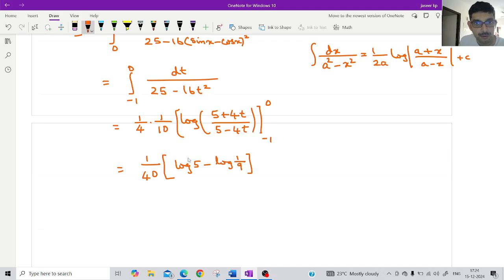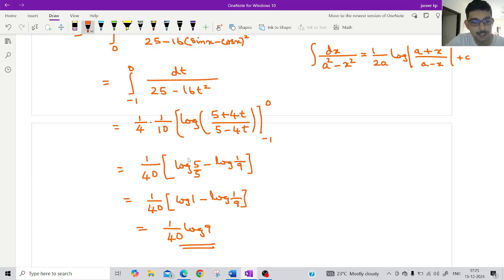So that means it will come as 1 by 40 into log 1 minus log 1 by 9. So that is 1 by 40 log 9. So this will be the answer to this problem. The remaining problems will be done in the next part.